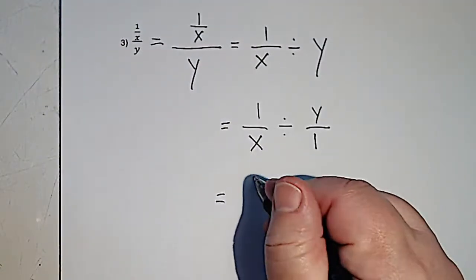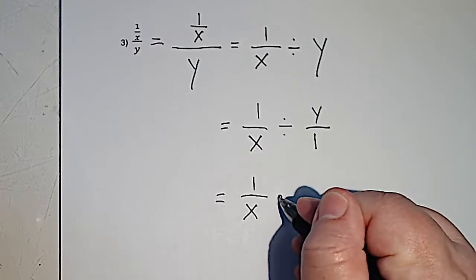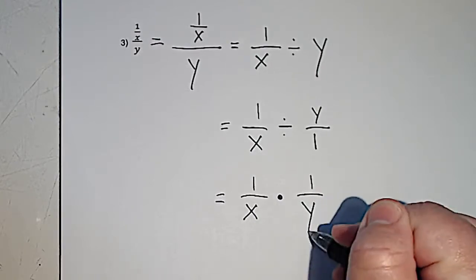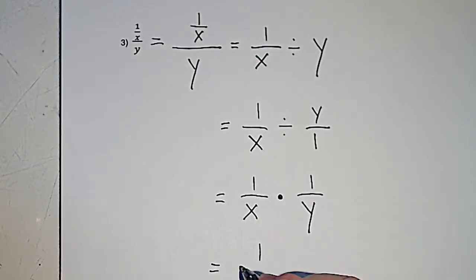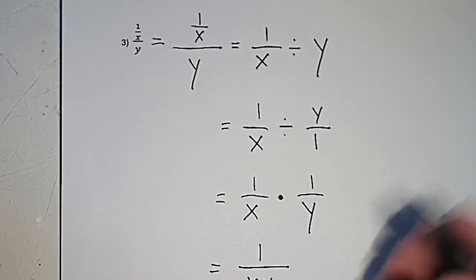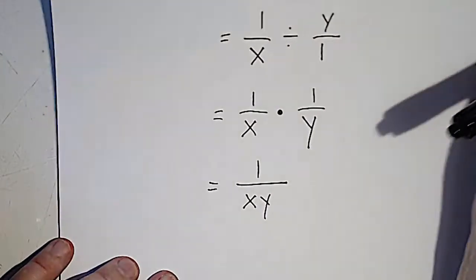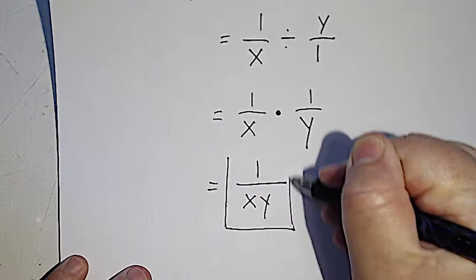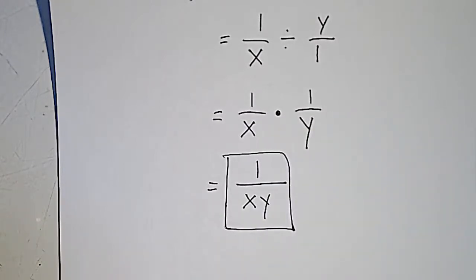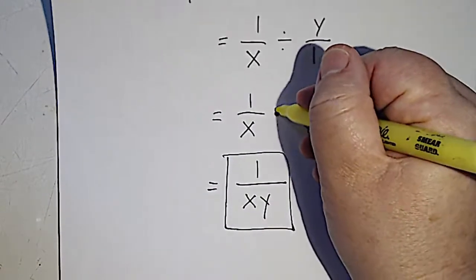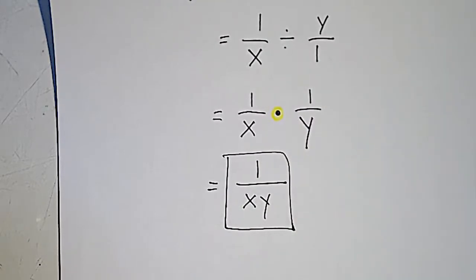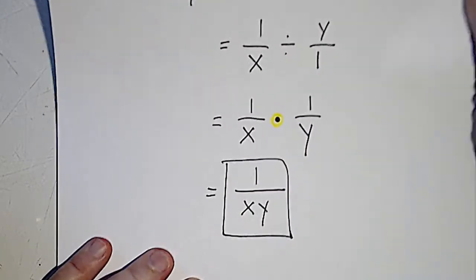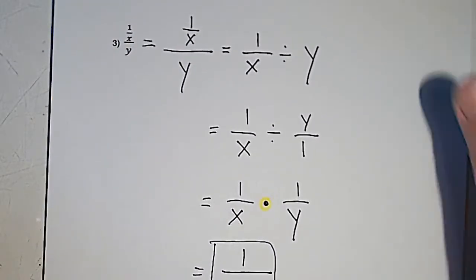Okay, so now switch this to multiplication, flip it upside down, and I get 1 over x times y. Ta-da! What do you think? Hopefully this is making beautiful, perfect sense. This method, the division method.